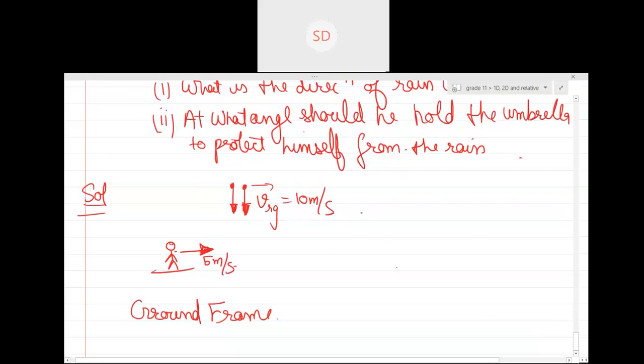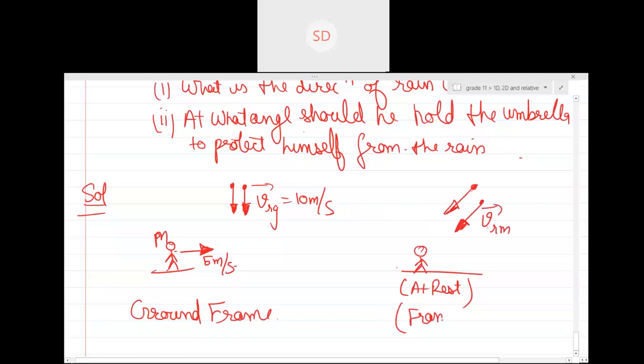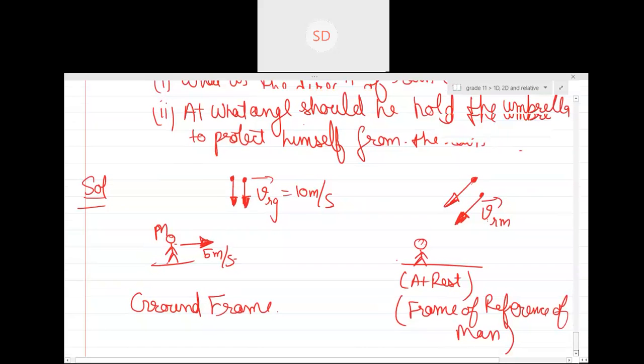But in the frame of reference of this man, he will be at rest, but it will appear like the rain is falling at a certain angle to this particular man. So basically, this is the velocity of rain with respect to man in the frame of reference of man. So how to deal with this particular thing?